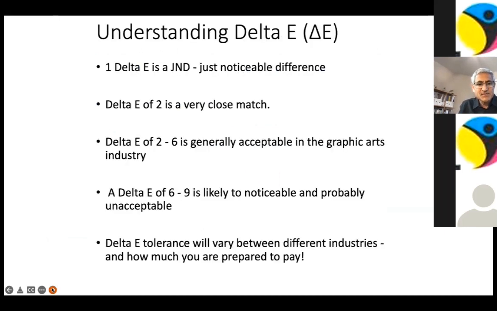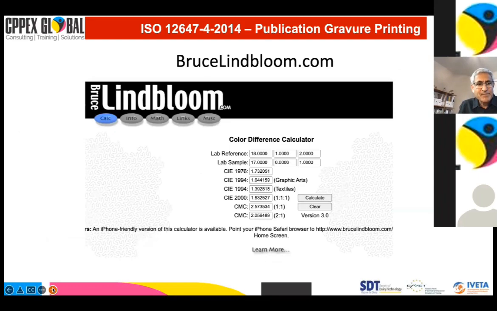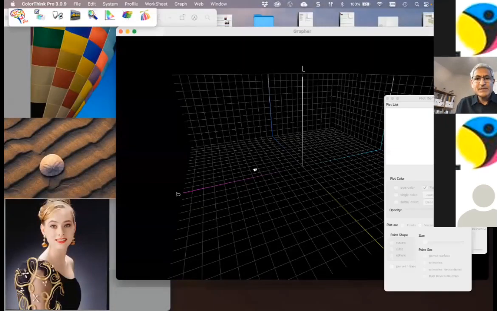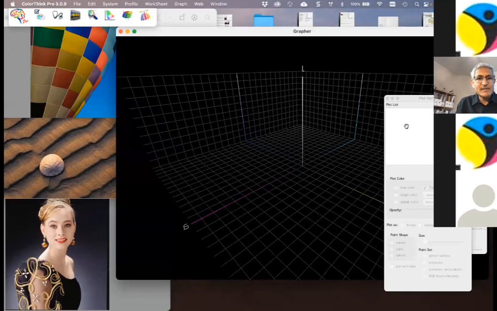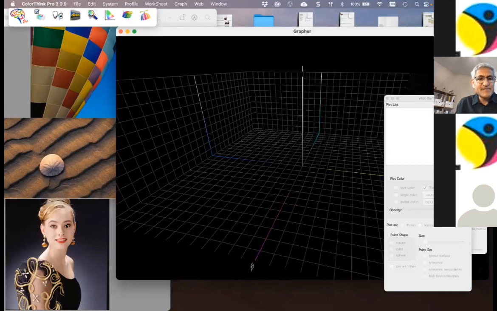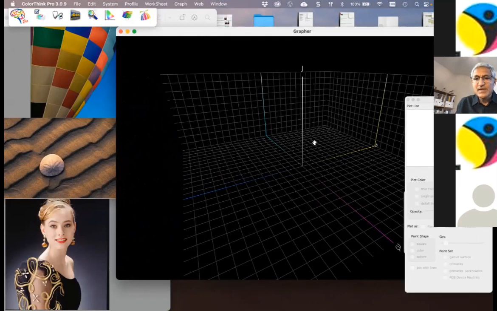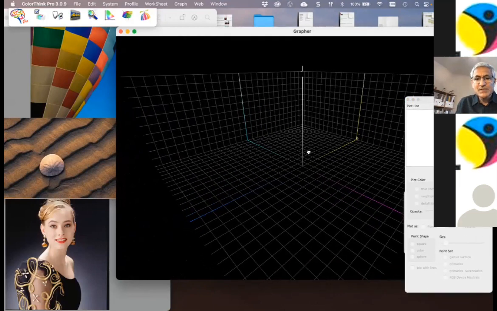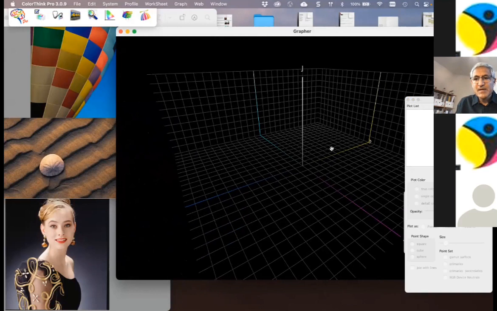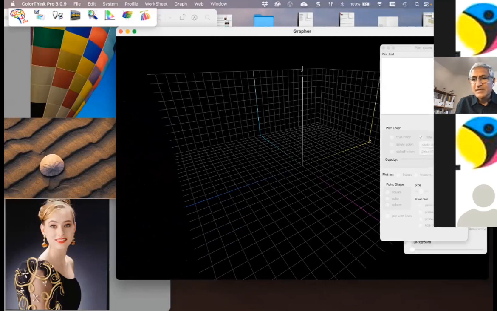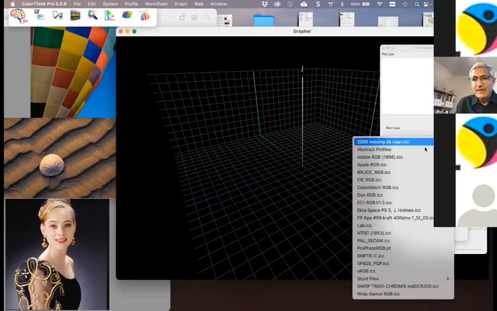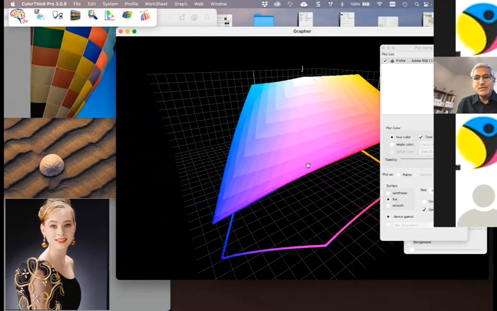So this is the system that's used for all of our work. Okay, so here are some images on the left. Here is the LAB system. I just showed you those dots, and they're in this LAB system here. Let me quickly open a profile so you can see.